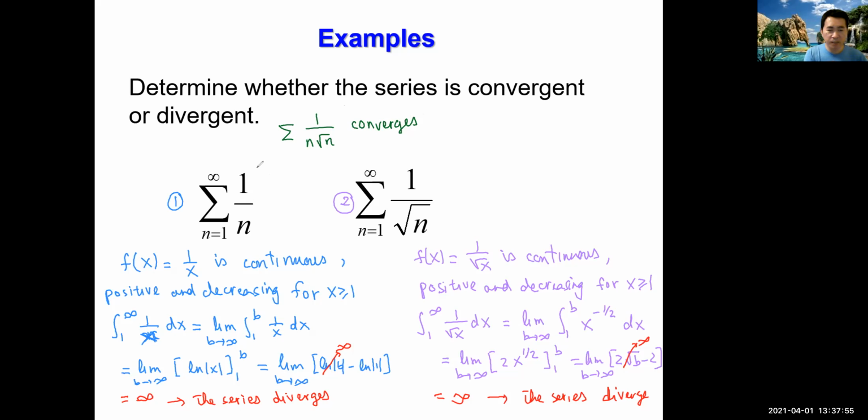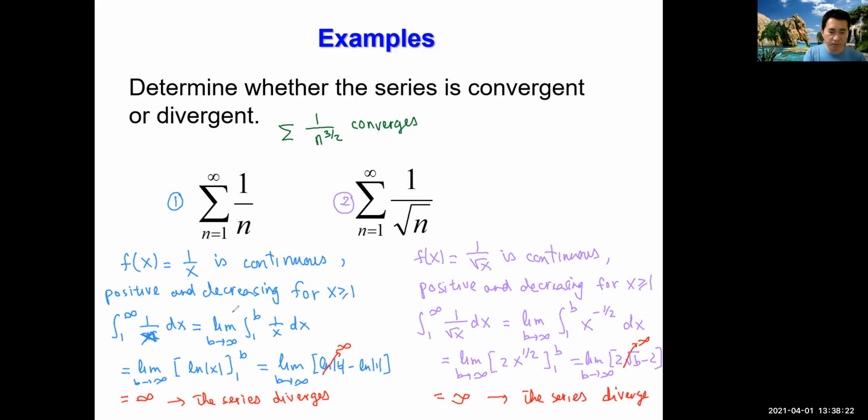Now, if you look at all three, they actually have something in common. The 1 over n root n, this is n to the first, that's the n that I have. If you simplify, that turns out to be n to the 3/2, so you're going to have n to the 3/2 here. And that is n to the first.